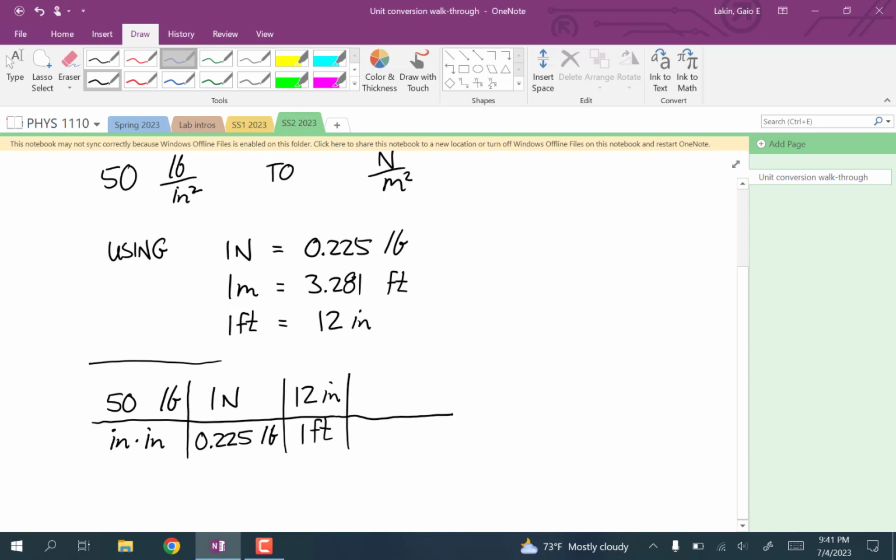I'm going to do that as either 1 meter over 3.281 feet or the reciprocal of that. Again, I want to cancel the feet that are in the denominator. So that's 3.281 feet over 1 meter.